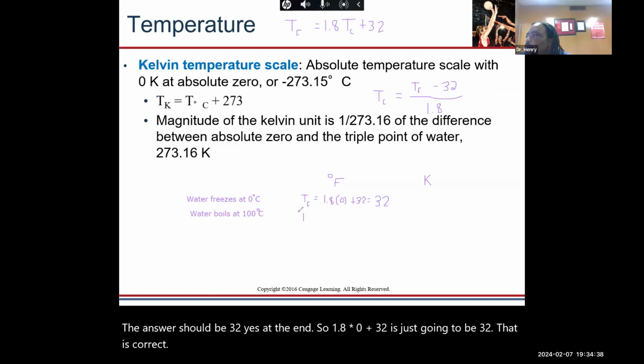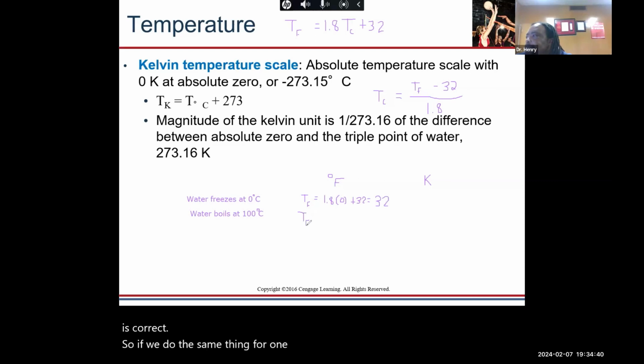If we do the same thing for 100, in this case we have 1.8 times 100 plus 32.